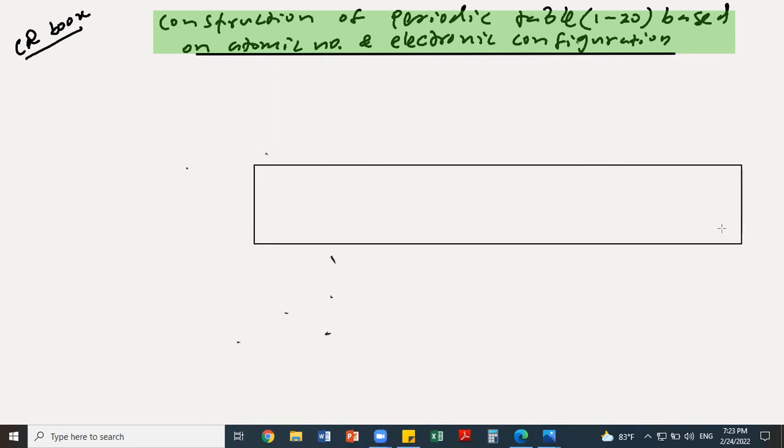Now the periodic table, how many columns are there? There are 8 columns.